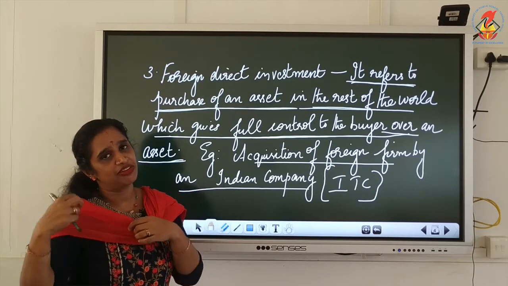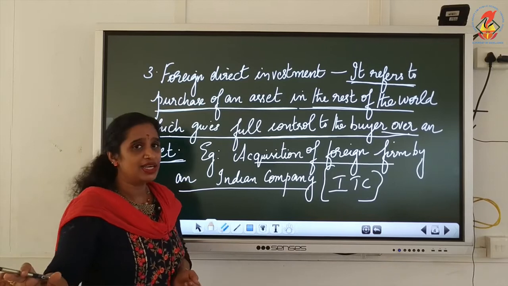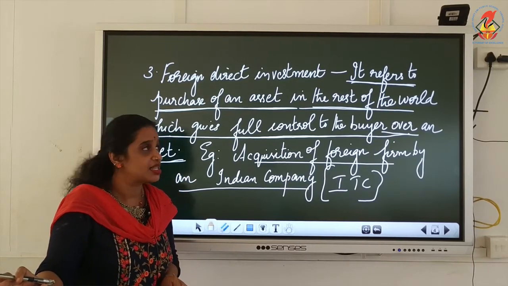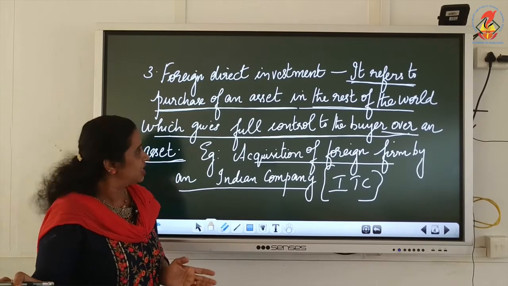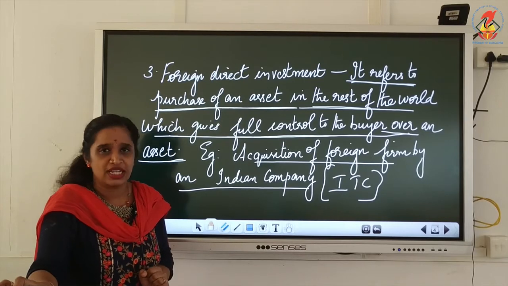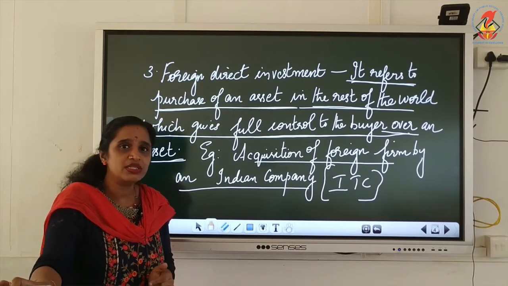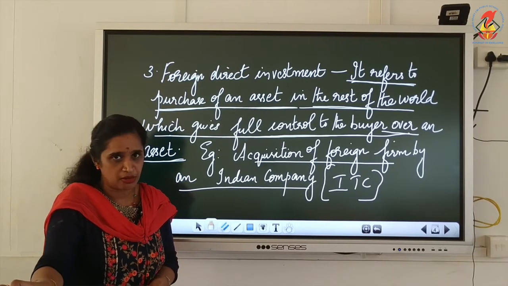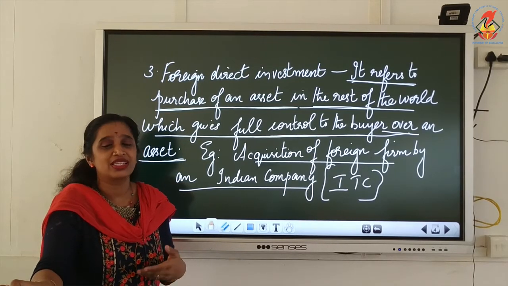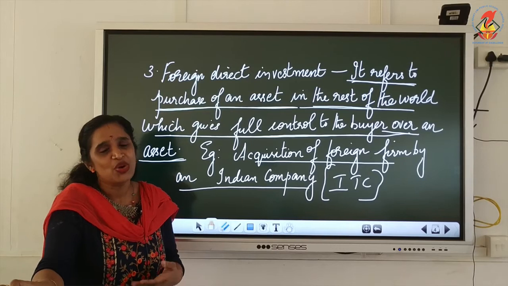So, just look at the definition once again. Foreign direct investment refers to the purchase of an asset in the rest of the world, which gives full control to the buyer over an asset. In this example, who is the buyer? India or Indian company. Indian company is buying a foreign asset or asset from the rest of the world.